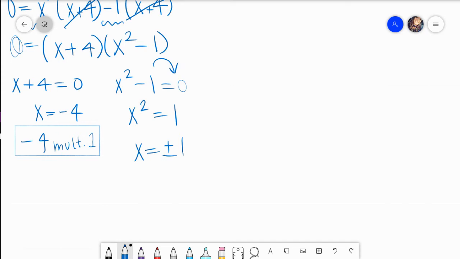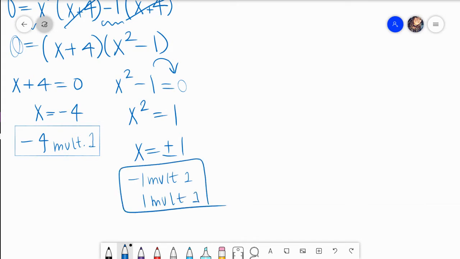So this would tell me that I have a negative 1, 0 with a multiplicity of 1, and I have 1 with a multiplicity of 1. Okay, so multiplicities of 1, that's an odd multiplicity, so it's actually going to cross.